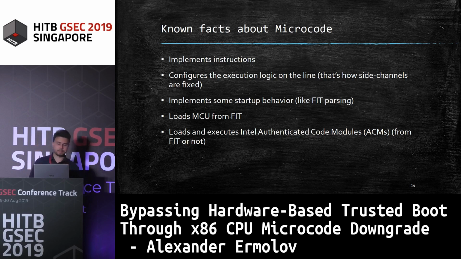It implements some startup behavior, like firmware interface table parsing, as I've mentioned before. It also can load microcode updates from the firmware interface table, and one of the important things is the capability of loading Intel Authenticated Code Modules from the firmware interface table or not.